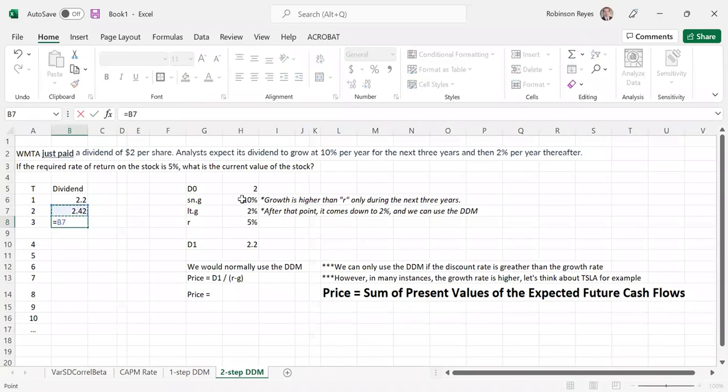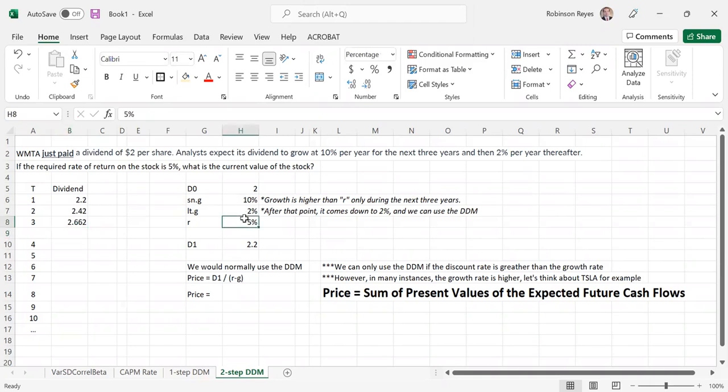And in year 3, we expect this dividend to grow once again at a 10%. So the company is growing at a rate that is quite accelerated. And because this growth rate is actually higher than R, we cannot use dividend discount model.